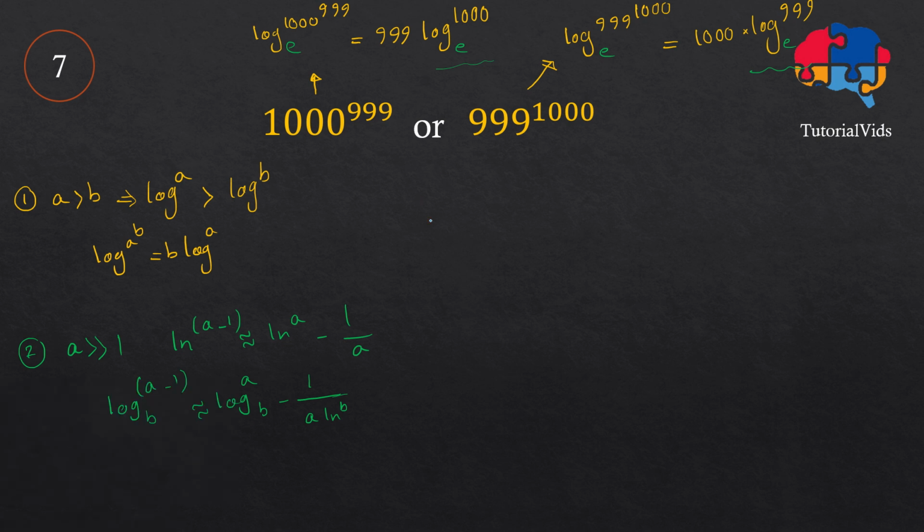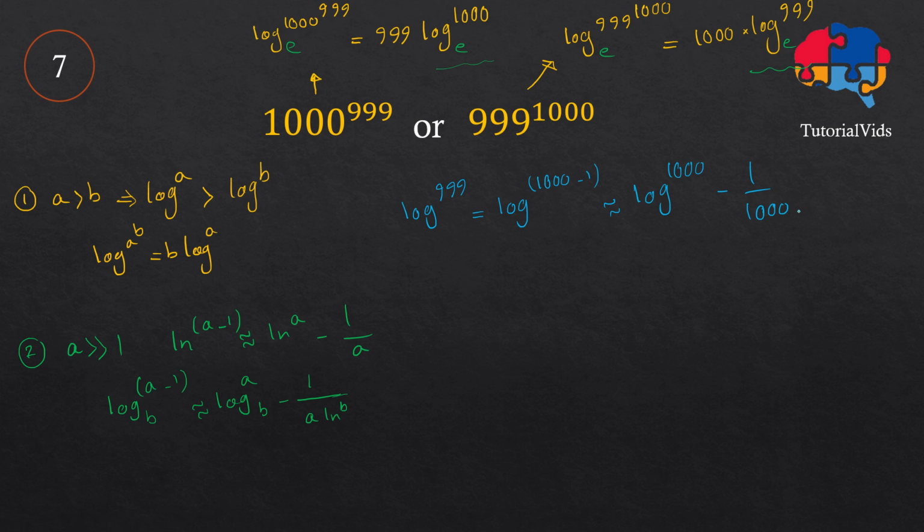That means we can write the logarithm of 999 as the logarithm of 1000 minus 1, okay? And this is approximately equal to the logarithm of 1000 minus 1 over 1000, all right?